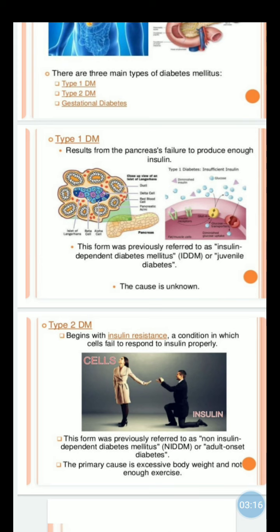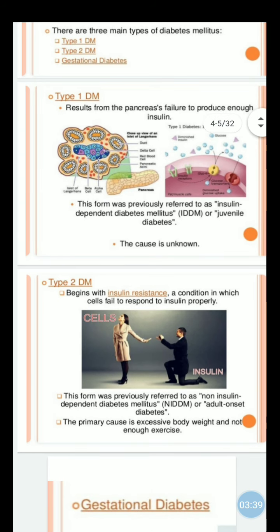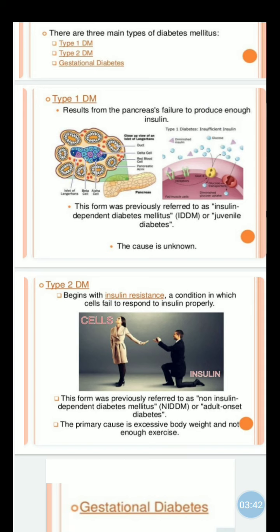Type 1 diabetes results from the pancreas failing to produce enough insulin. This form of type 1 diabetes is also called insulin dependent diabetes mellitus, that is IDDM, or juvenile diabetes.